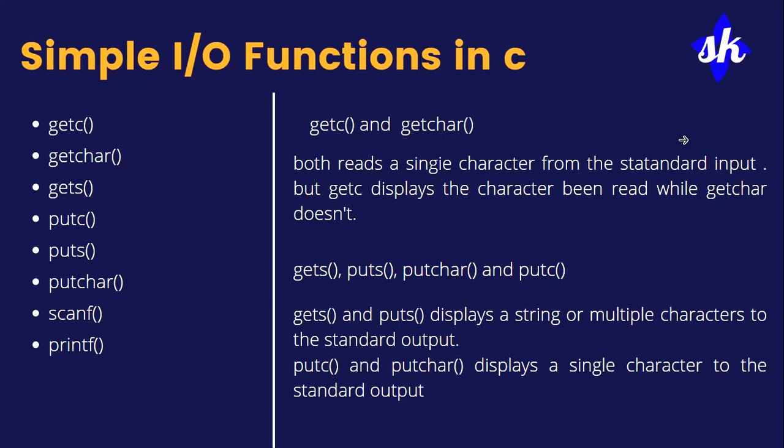The getchar won't display what is being read to the user. It's just going to read from the buffer, and then save it to a particular variable, or probably read and then write to another file. That's the difference between getc and getchar.